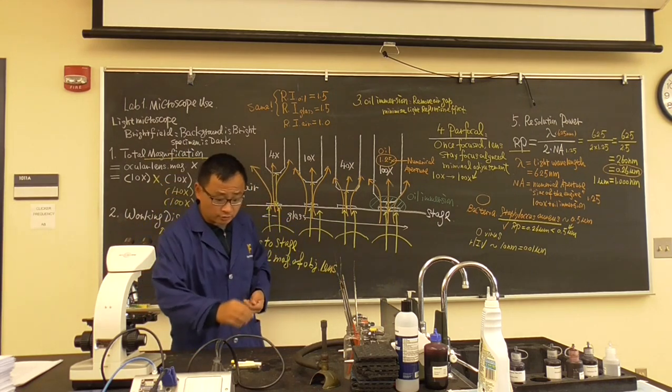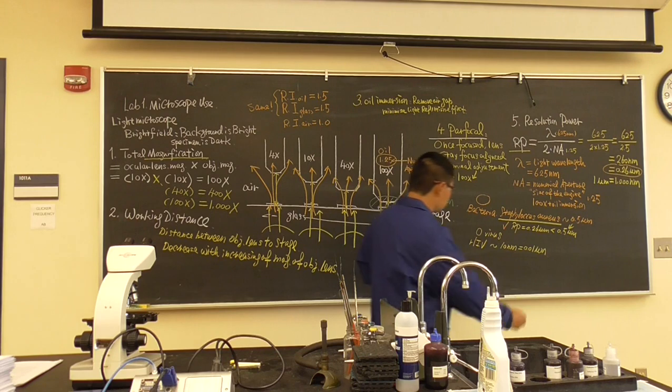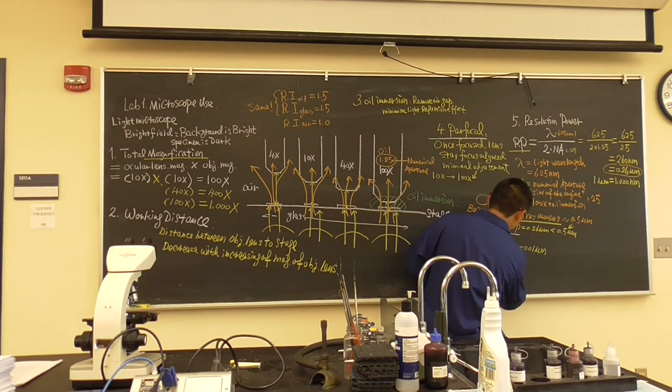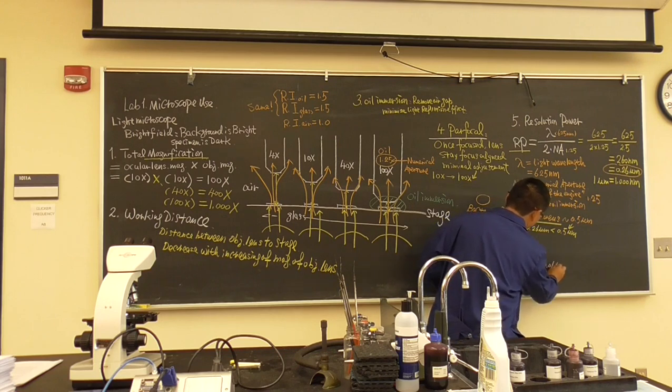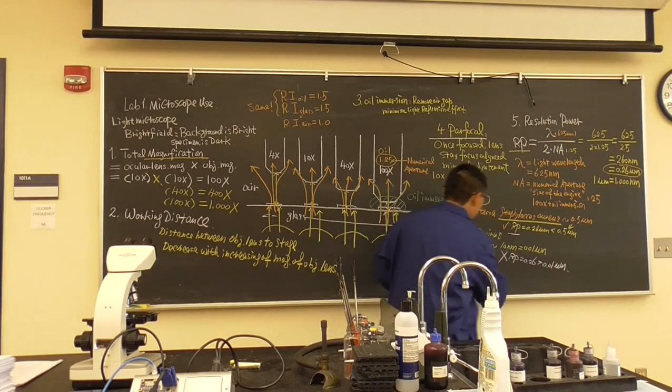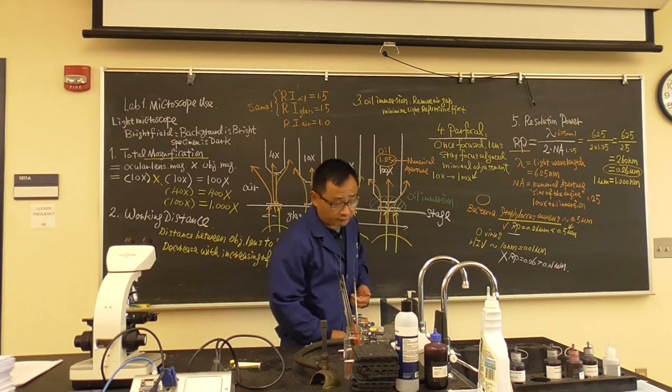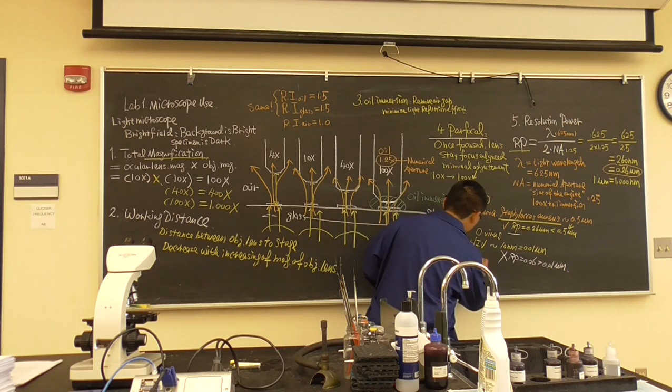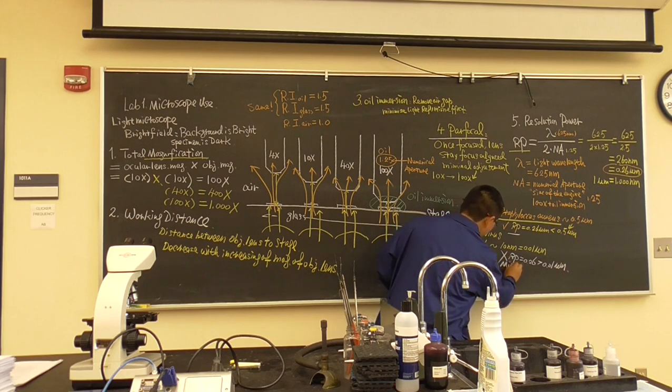No, we cannot do it because the resolution power 0.26 is larger than 0.01 micrometer. So we cannot do it. Therefore, to observe a virus, we need to rely on the electron microscope. Is that right? We talked about this in the lecture.